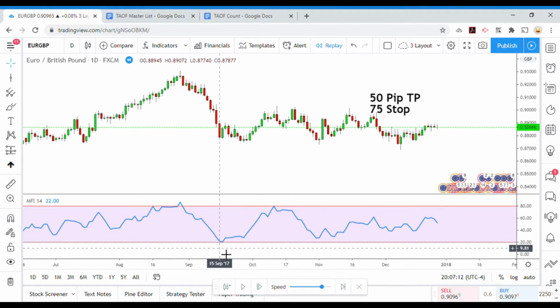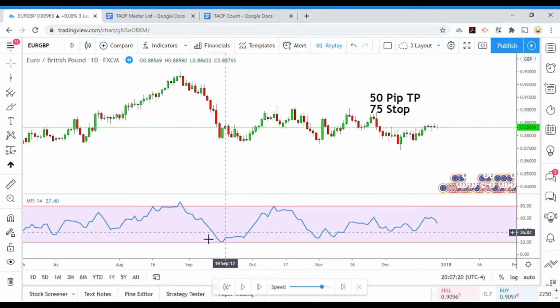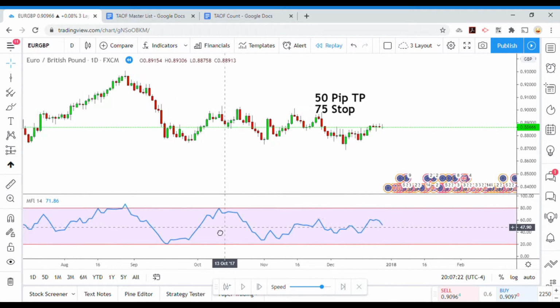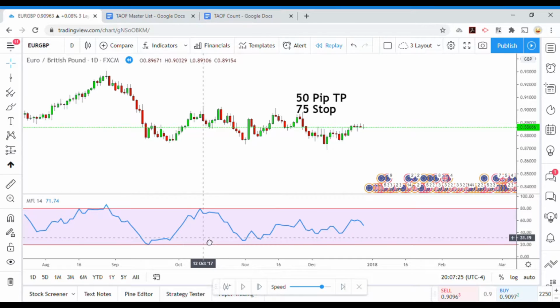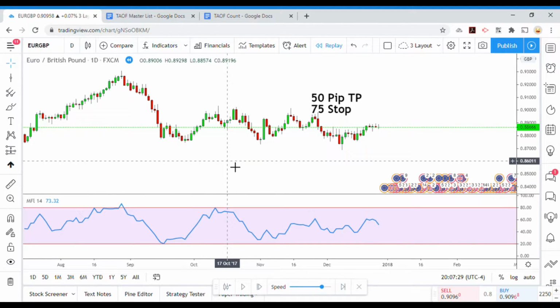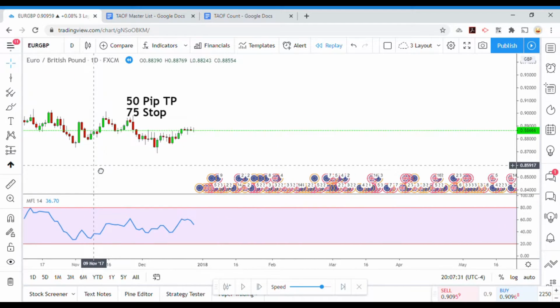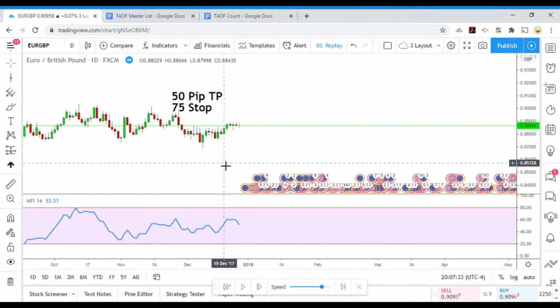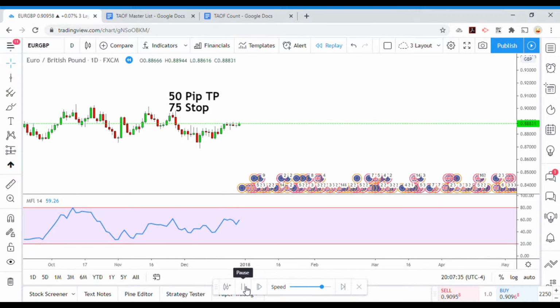It would drop into the oversold area, and then once it reversed and came back across the oversold line, we would then go long. And so that is how we're going to test the indicator today. Like I said, very similar to how we did the test on the RSI. So let's get started with the testing process.